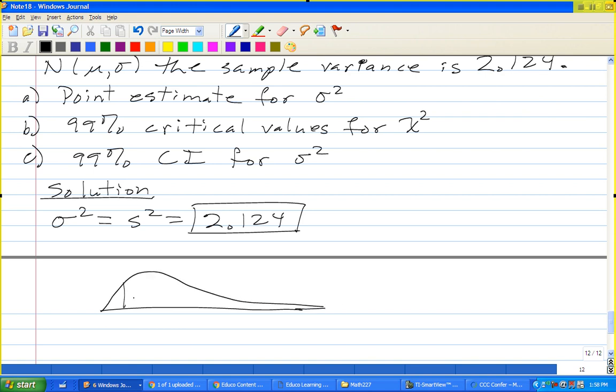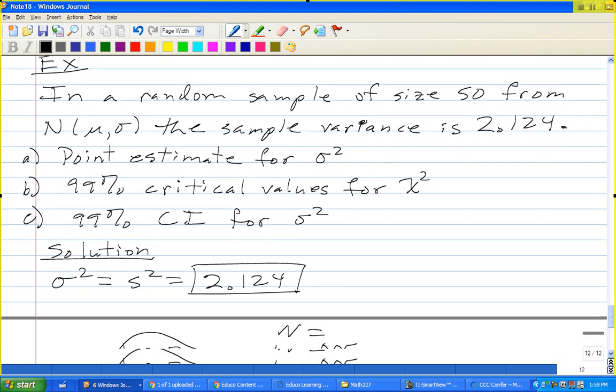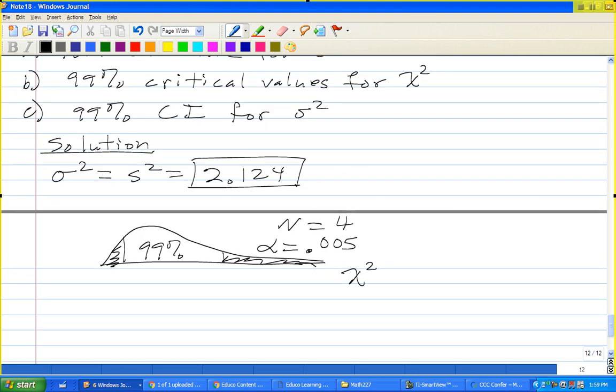This is a 99% confidence interval, so that means that 1% total is on the outside, and so this is going to be half of 1%, 0.005. My degrees of freedom are 50 minus 1, which is 49.